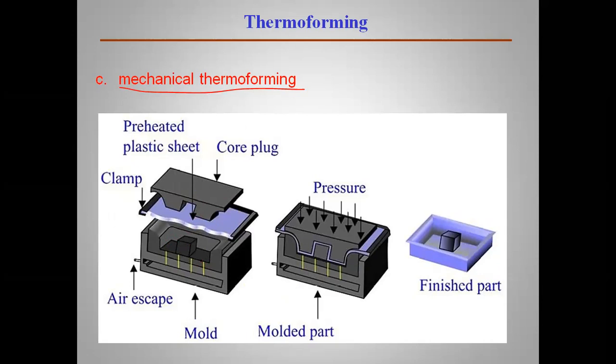First, the sheet is placed over a mold cavity, and mechanical force is applied on the sheet. Due to that, the sheet is forced into the mold cavity. Then after that, the core plug is removed and we get the finished part.